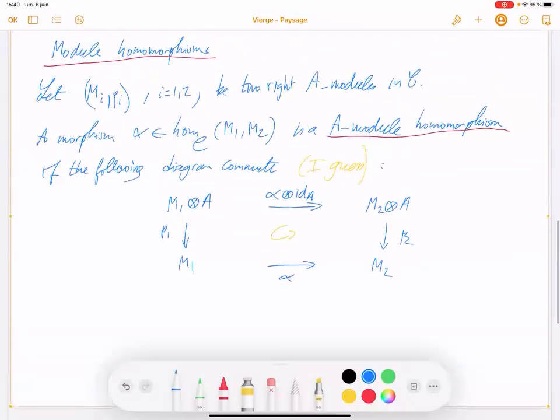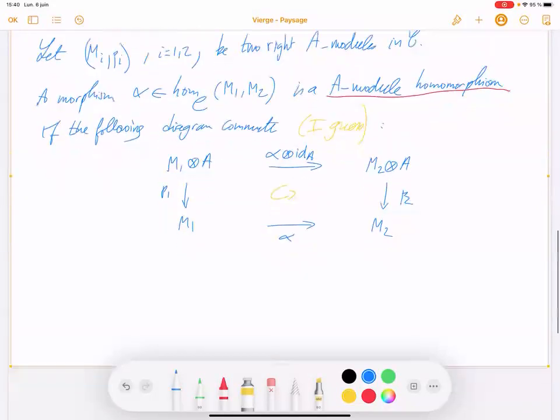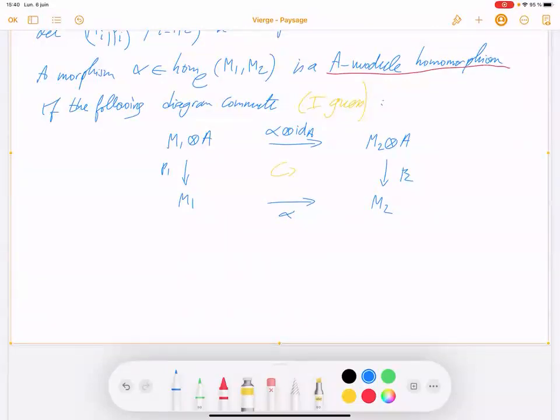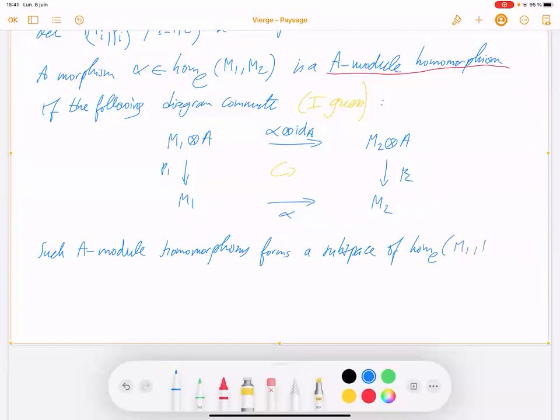As we said, an A-module homomorphism is a morphism from M1 to M2 in the category C. So the set of A-module homomorphisms forms a subspace of the hom space between M1 and M2, a subspace of the full space of all morphisms between M1 and M2.